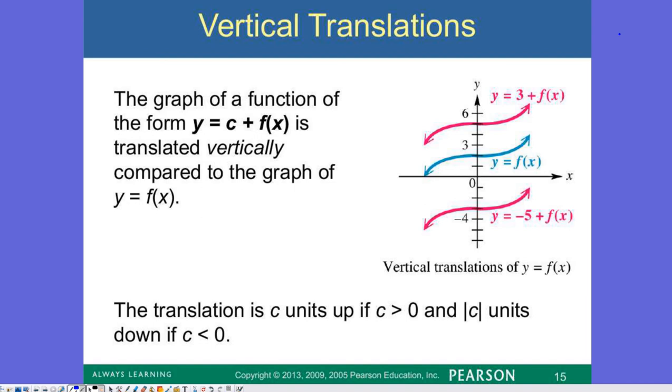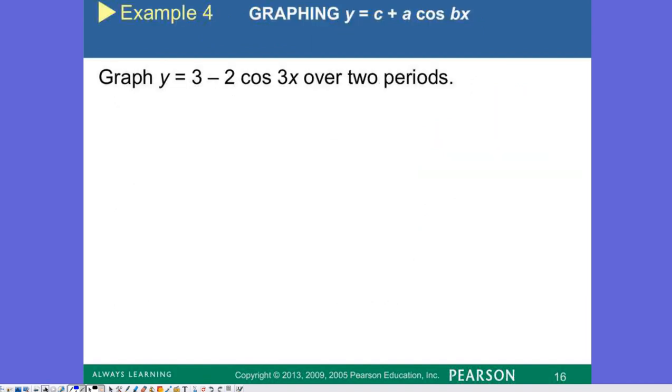But now we're shifting the whole thing up or down. So instead of rotating around the x-axis, it's now going to be rotating around whatever my C value is here. Make sense? It'll make more sense here in a little bit. Everything else is the same though.